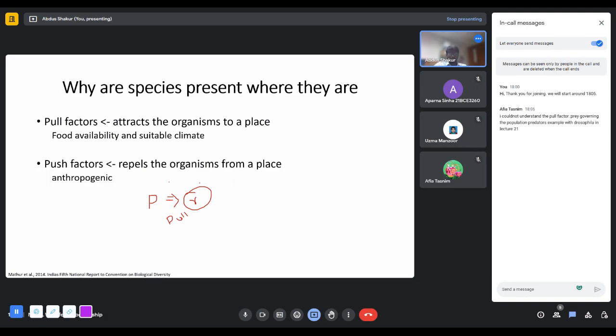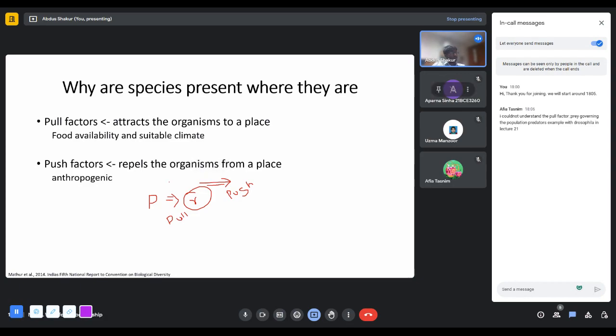It pushes the species away to different places where the predators might not be present. So predation can be one of the pull and push factors.